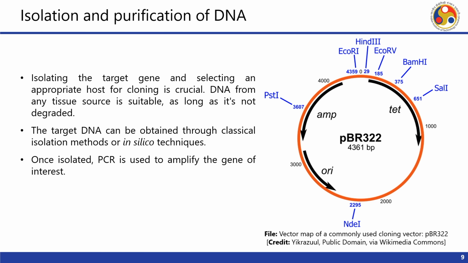Then it has many marker genes. For example, this is the ampicillin resistance gene and this is the tetracycline resistance gene. These antibiotic resistance genes help us in screening the vector loaded host cells. So, we use these in various steps.